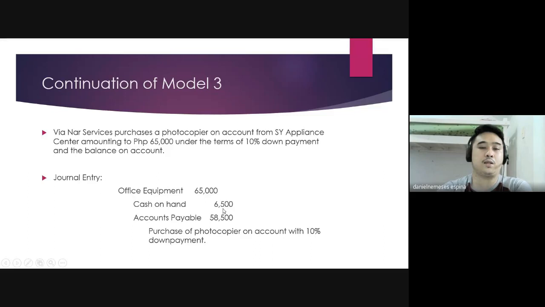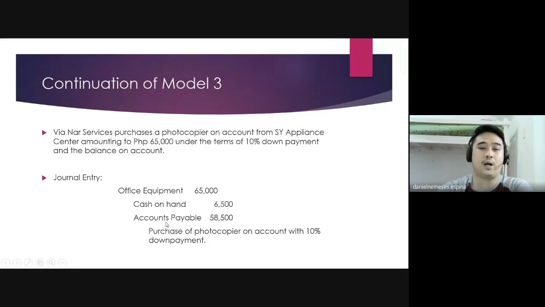So 65,000 times 10% is 6,500. So credit nato, cash on hand, kay nag-decrease man atong cash. So pag mag-decrease ang isa ka asset, di ba, ibutang nato siya sa credit side.